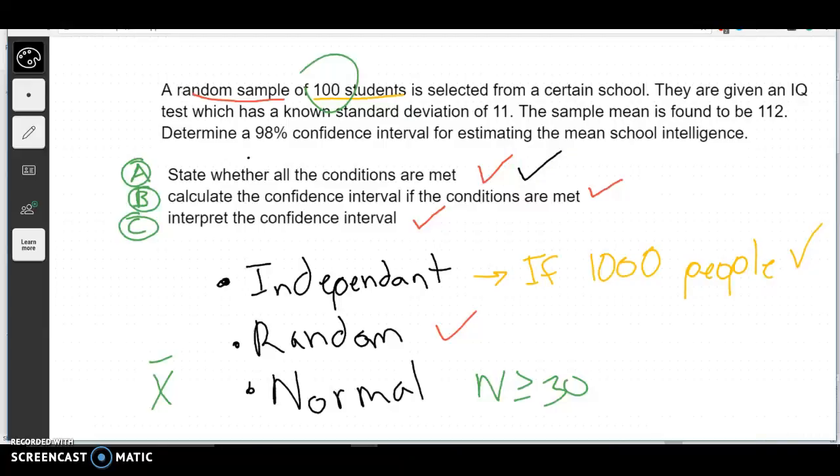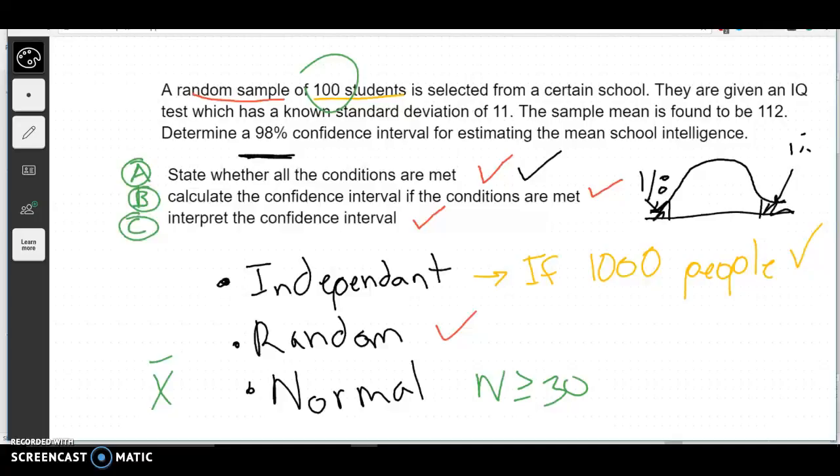So they want a 98% confidence interval, which means they want to get everything in here and have 1% left on the ends. So that's what they really want. They want about 1% left on the ends. So let's create that confidence interval.